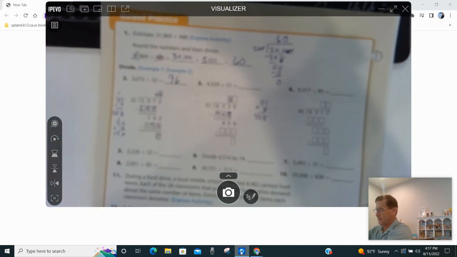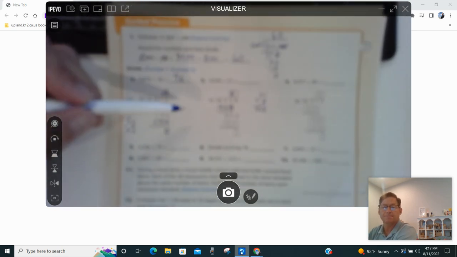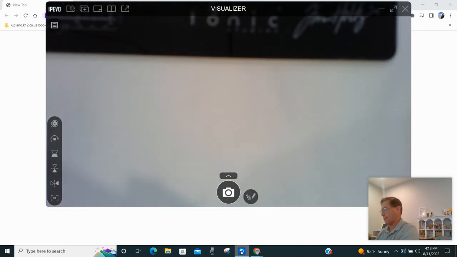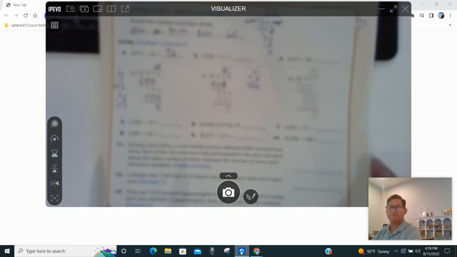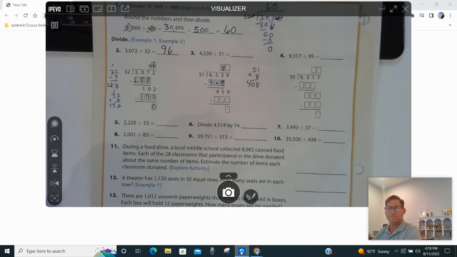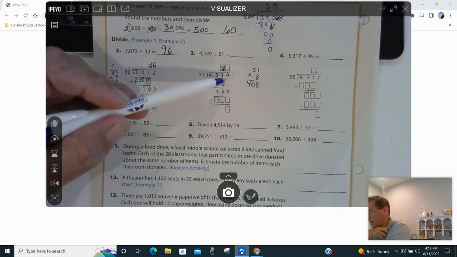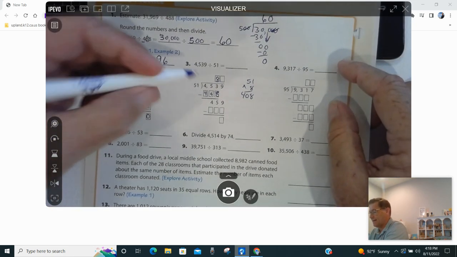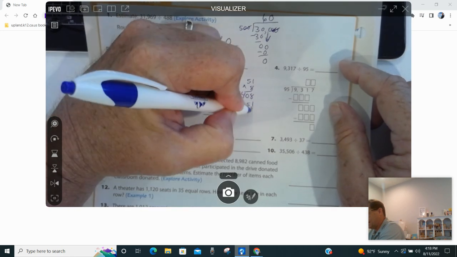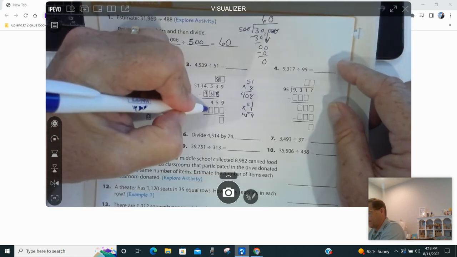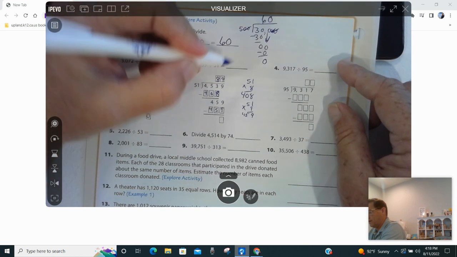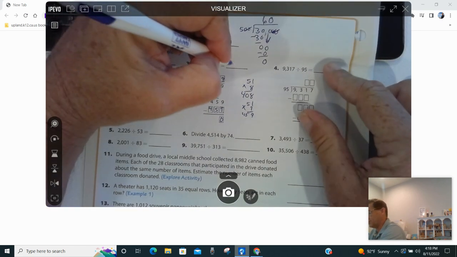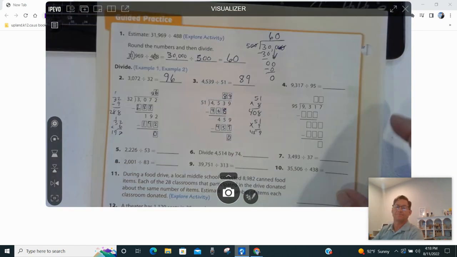So when they subtracted, they got a remainder of 45. They brought down the 9 ones. 459 divided by 51. I'm going to try 9. Yep. So 9 times 51 is 459, and there is no remainder. So the answer is 89.